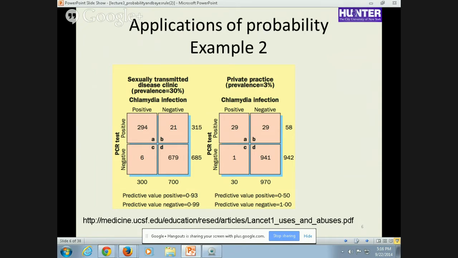All right, so here's an example with chlamydia infection and a test for the disease. We have two different clinics here. And this is to show you the importance of population prevalence in so-called positive and negative predictive value.